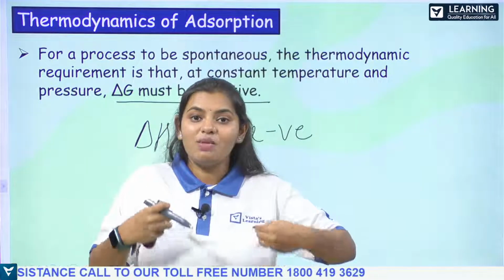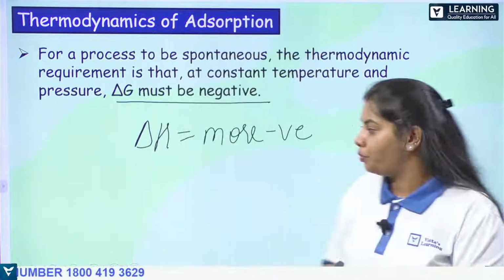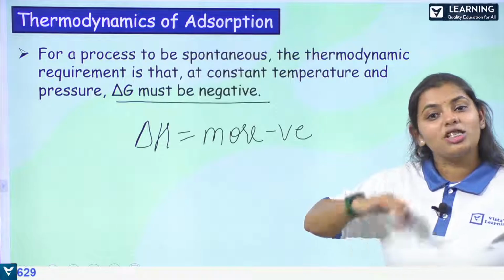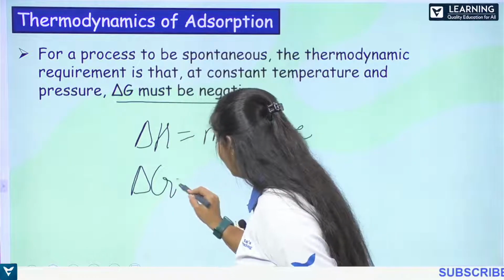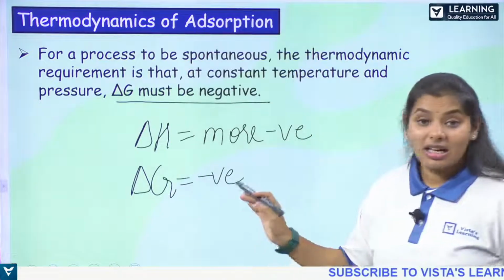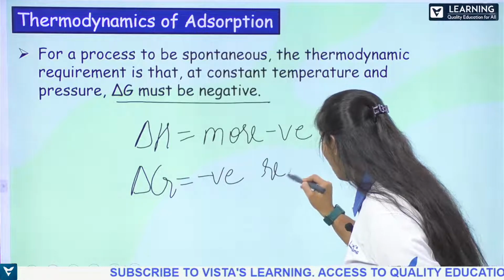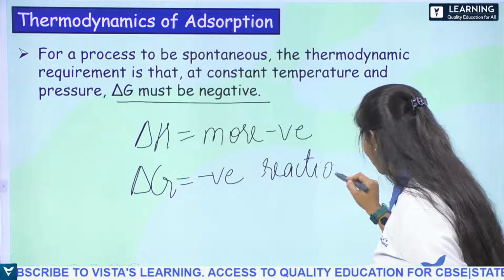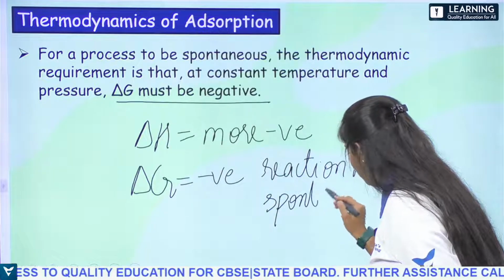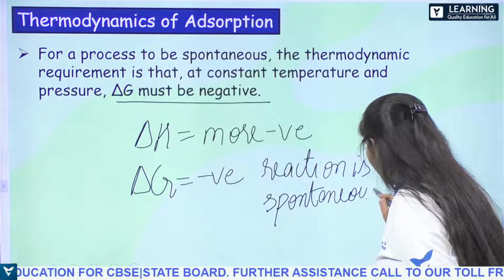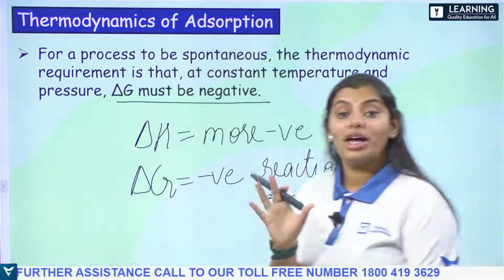Once it loses a lot of energy, we can make sure delta H is negative. Once delta H becomes more and more negative, we can finally tell that delta G is negative, and this Gibbs free energy tells us the adsorption process is spontaneous in nature. Simple.